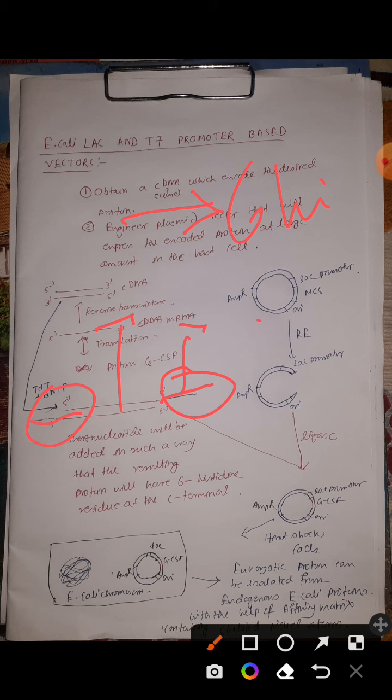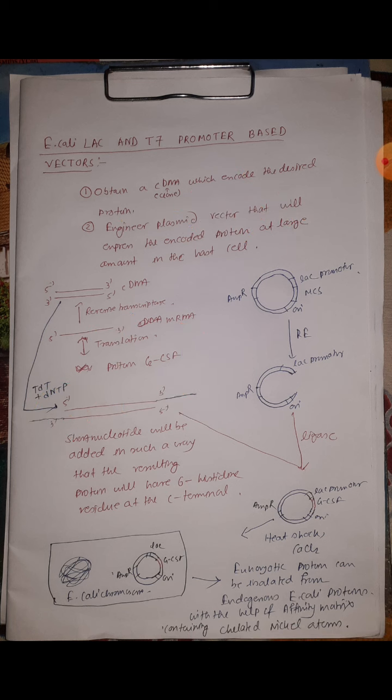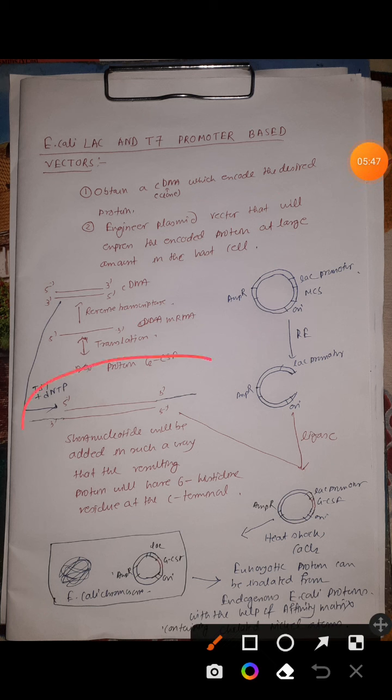That means before insertion of the cDNA into the vector, we will add a short stretch of nucleotides to our gene of interest, so that after translation inside the host it gives rise to a protein where 6 histidine residues are in the C terminal position. We all know that a peptide has an N terminal residue and a C terminal residue. The C terminal is the part where the COOH group is located.